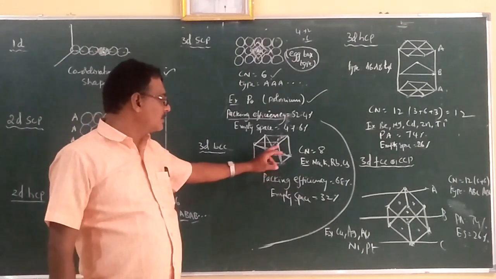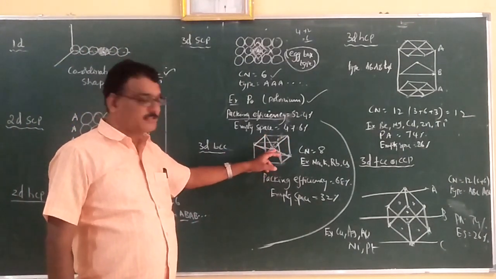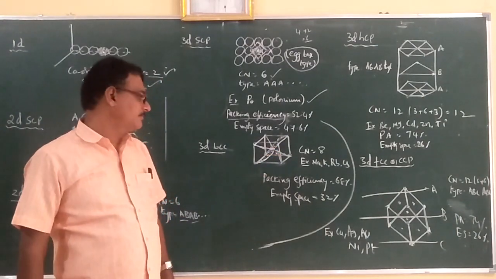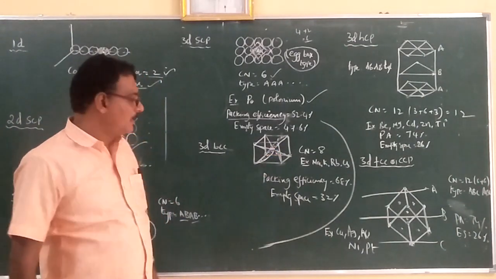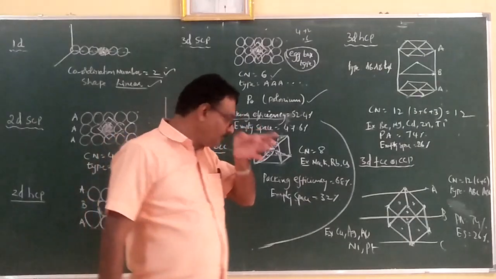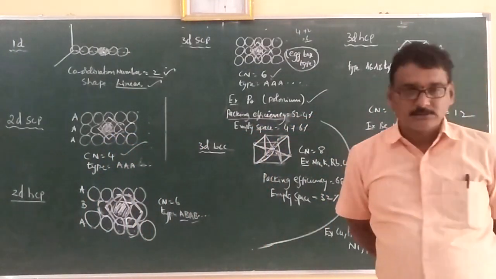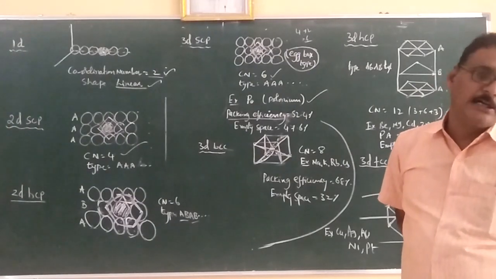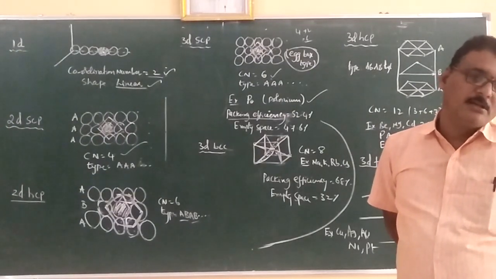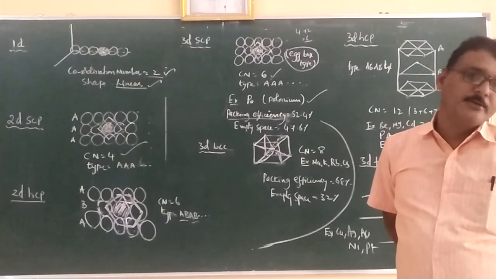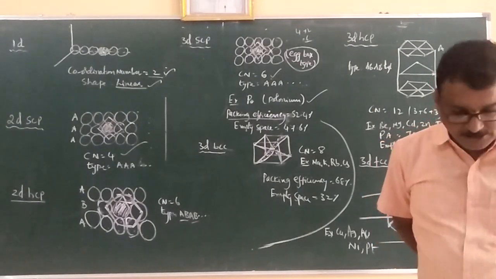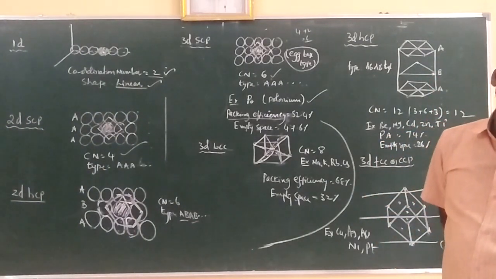What is the coordination number? 8 corners touch each other. Therefore 8. What are the examples? Sodium, potassium, rubidium, cesium. The first group cations follow the three-dimensional body-centered cubic closed pattern structure. Very important. What is the coordination number? 8.